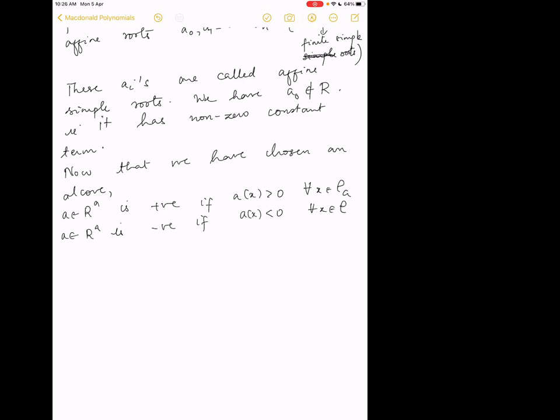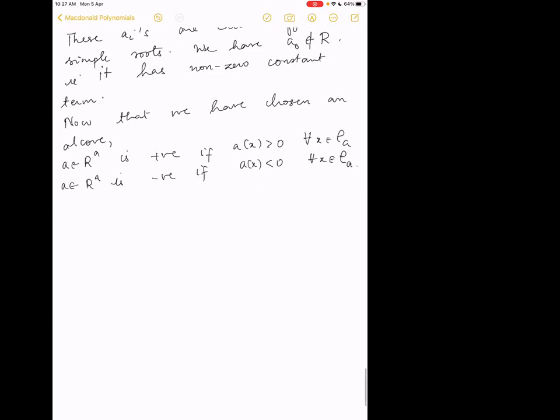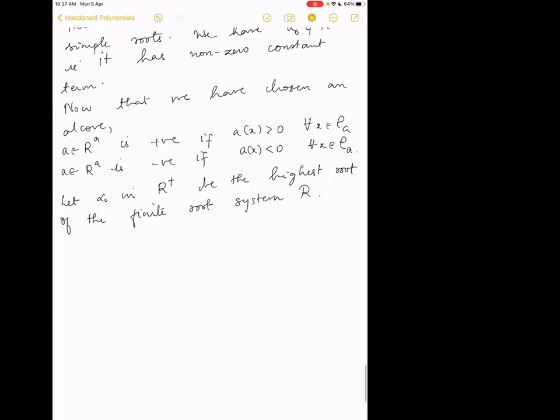And let alpha naught in R plus be the highest root of the finite root system R. Then the claim is that A naught is 1 minus alpha naught. Sorry.